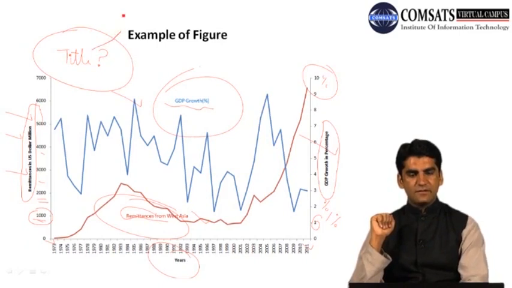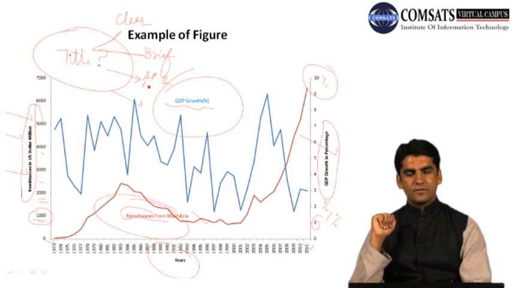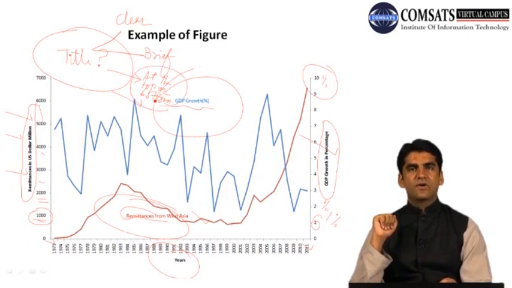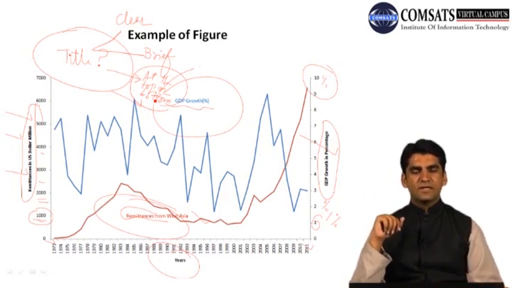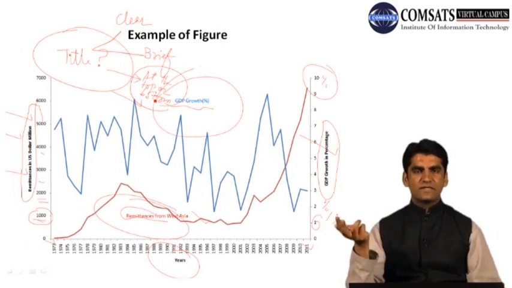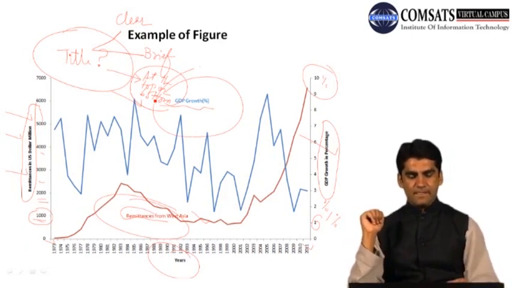Title must have clarity, it should be clear, it should be brief, and it must be at the top or bottom, whatever you prefer or is the format that you have to follow. It must be clear, brief, and at the bottom or top of the graph. So that is one thing that is missing.